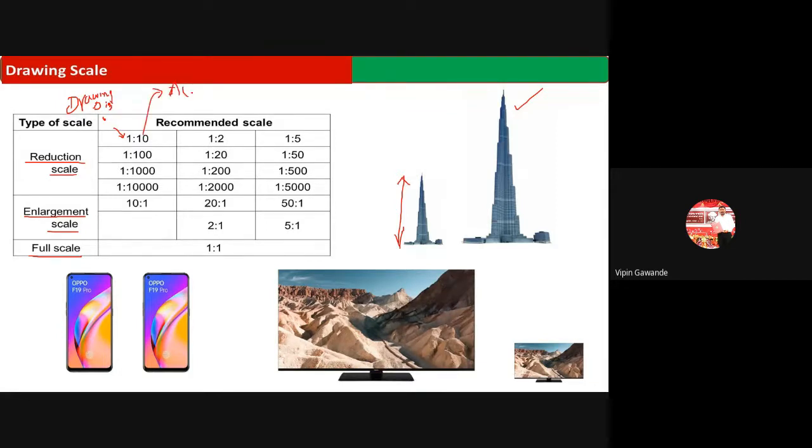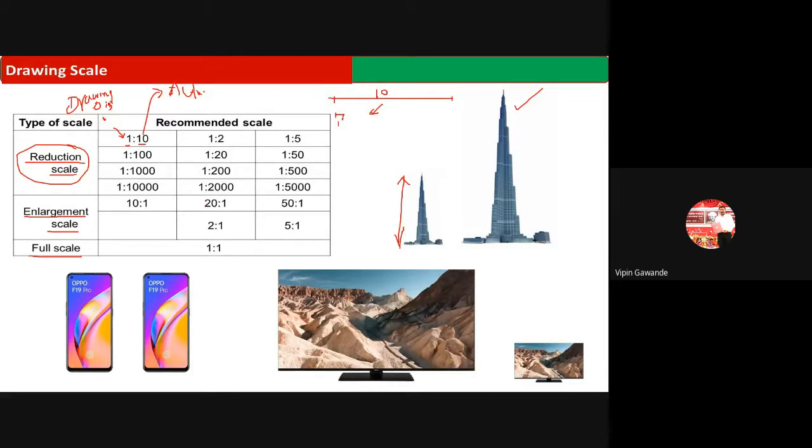Suppose the actual distance is 10 mm, but on the drawing I am taking only 1. So I am reducing the dimension. That's why this is called the reduction scale.